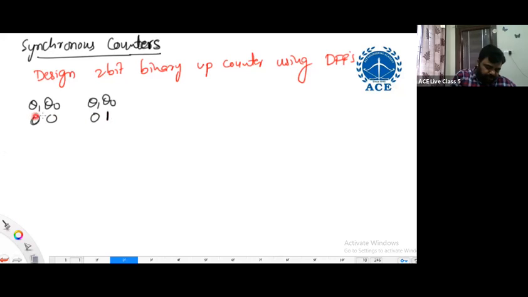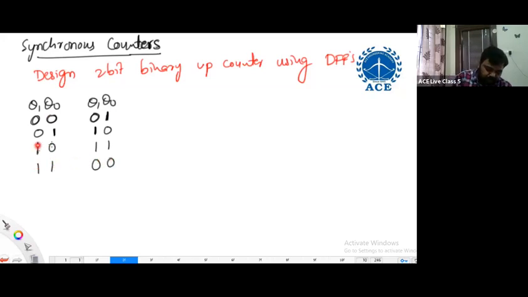Again at the next clock edge occurrence, before the edge it is 0 1, after the edge it is 1 0. At the next clock edge, 1 0 to 1 1. At the next clock edge again, 1 1 to 0 0.